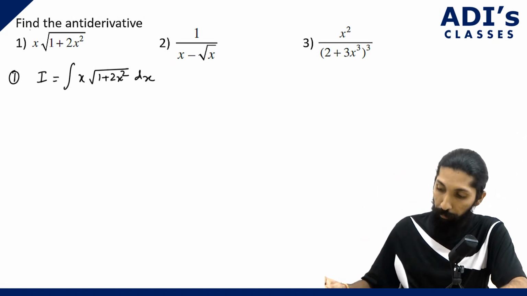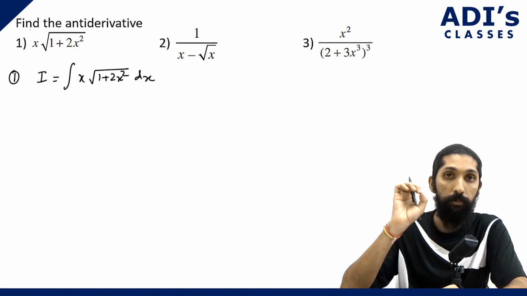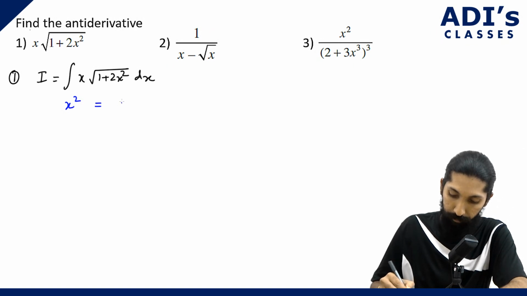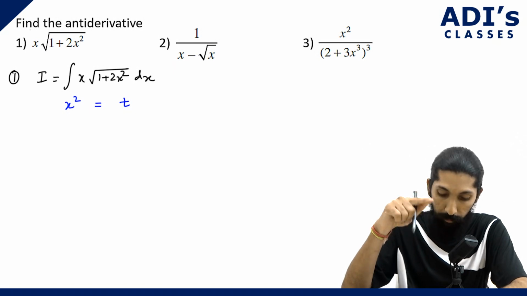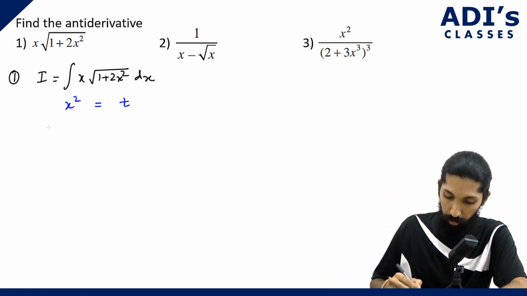Now, a key point here, what you guys need to understand is that suppose you have x square as t, assume, then 2x dx is going to become dt, correct? So I'm going to write 2x into dx is equal to dt.